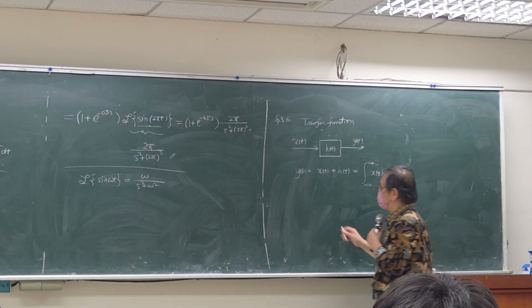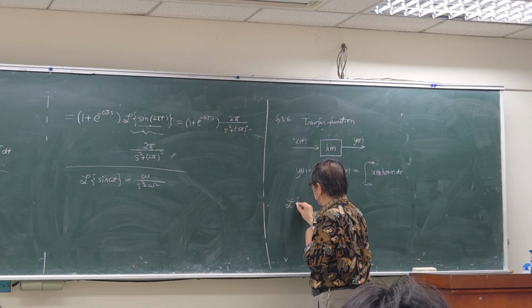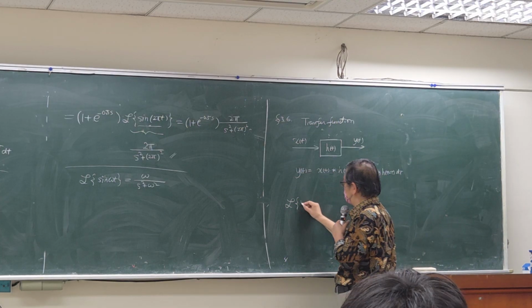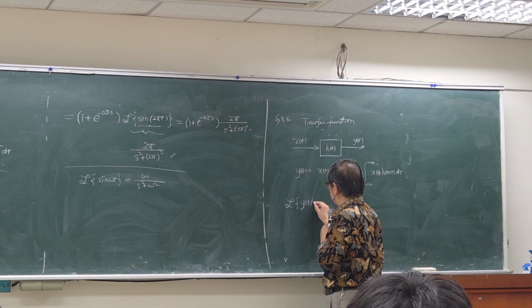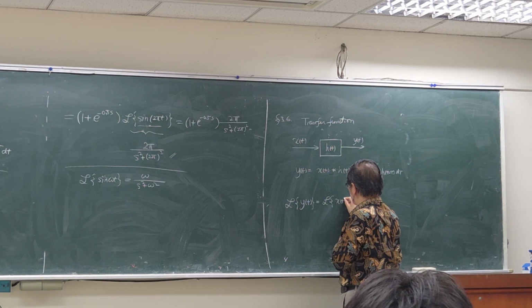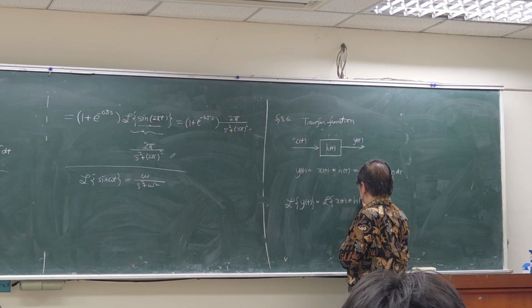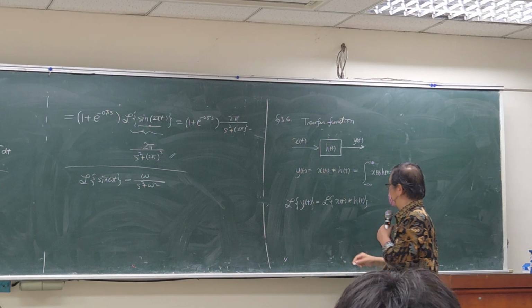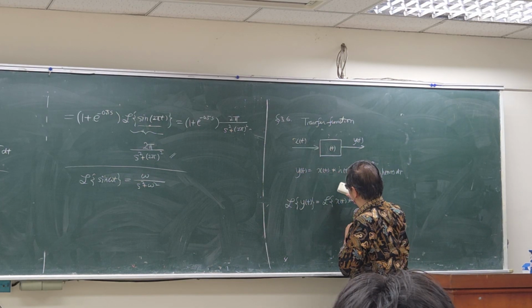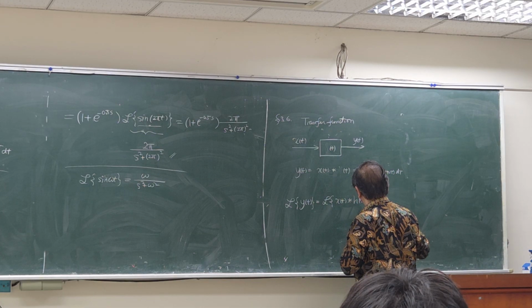So we can prove that if I take the Laplace transform of y(t), that's equal to the Laplace transform of the convolution of the input and the impulse response, which I'll call g(t) just for notational convenience later on.